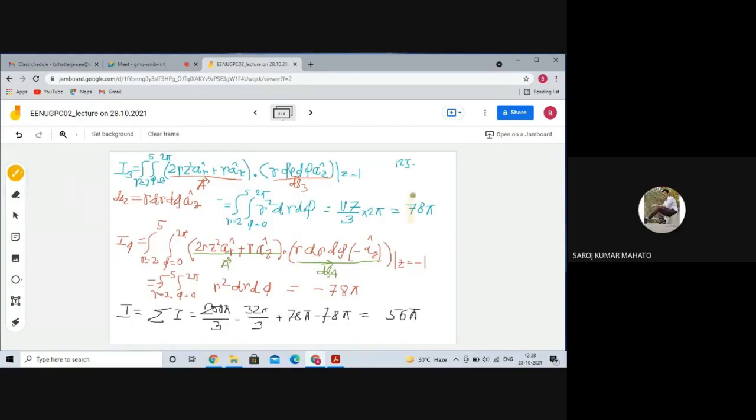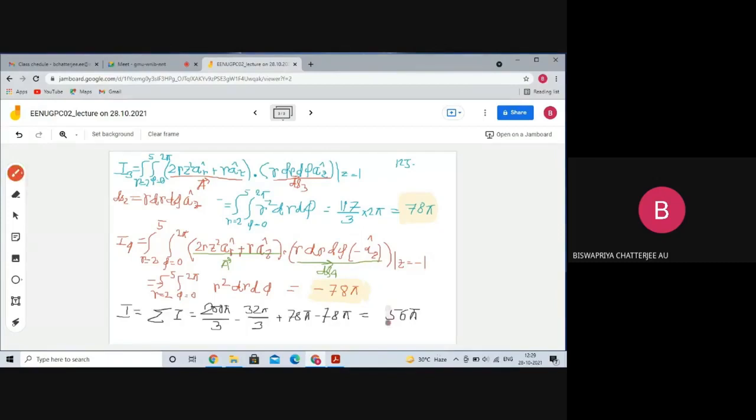Yes sir, 56 pi. So this is the evaluation of the left hand side. This is half the problem done.